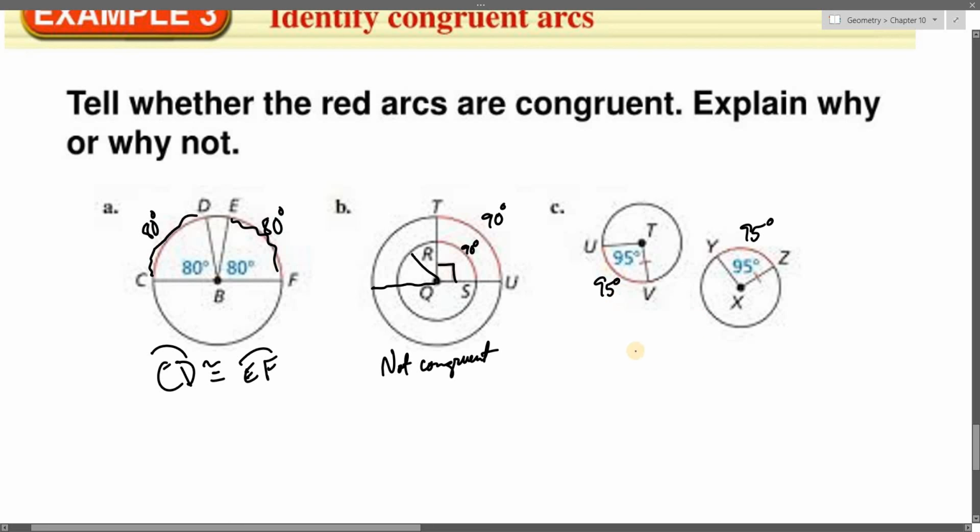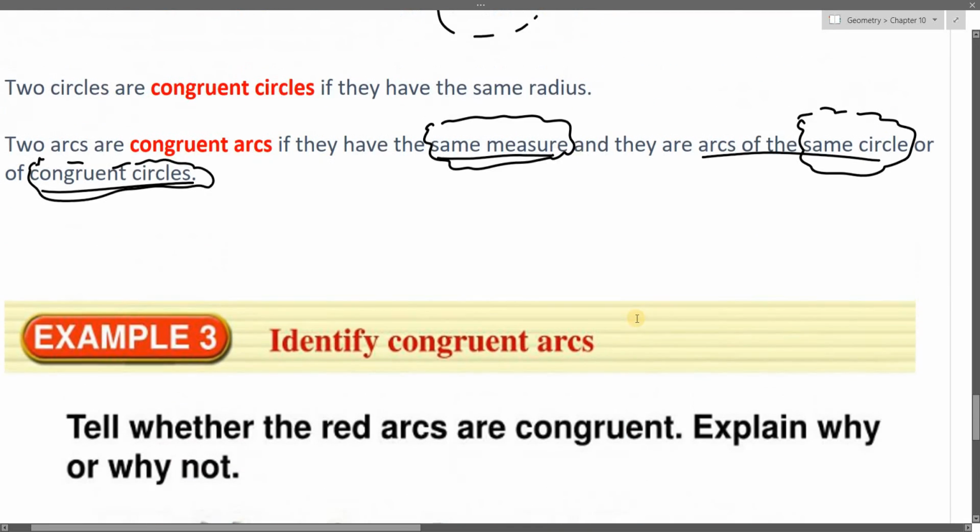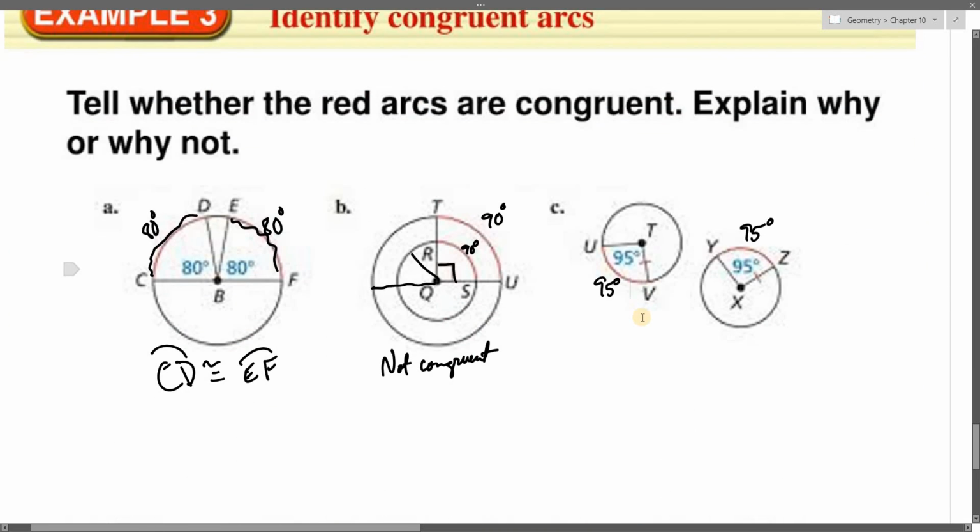These two circles are congruent circles. And when you have two arcs that are equal measure and in equal circles, you have congruent arcs. So we can say with certainty that arc UV is congruent to arc YZ. Got a cool symbol there.